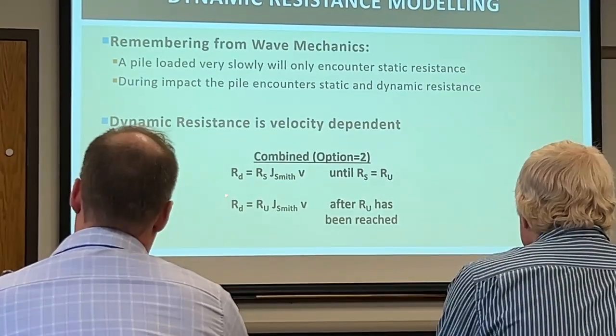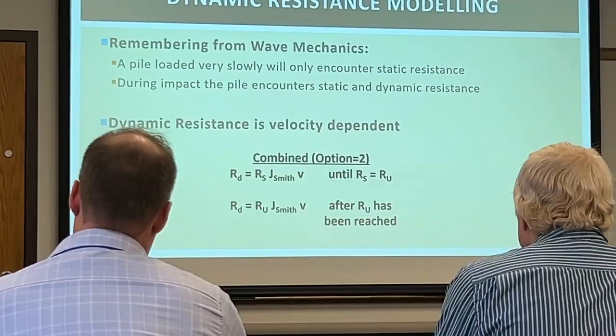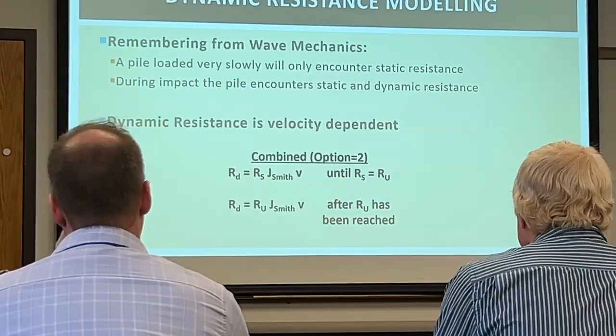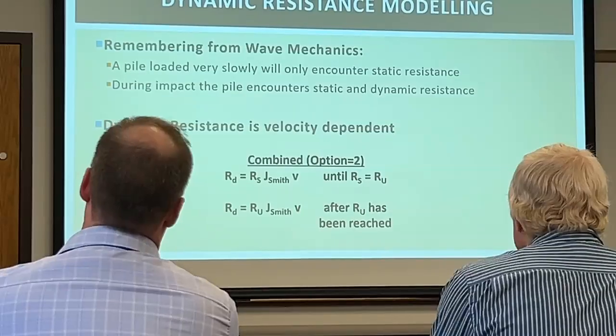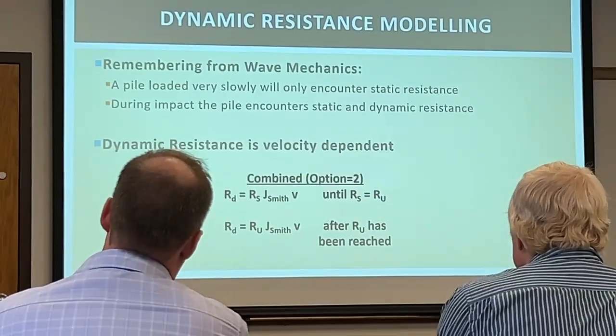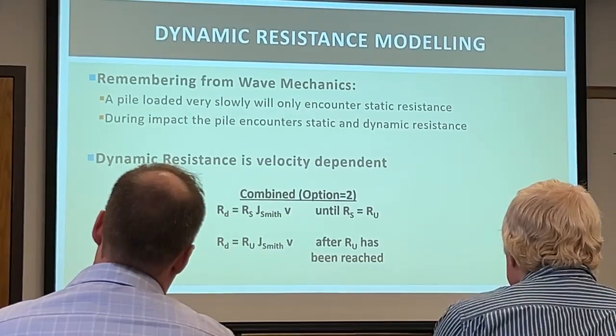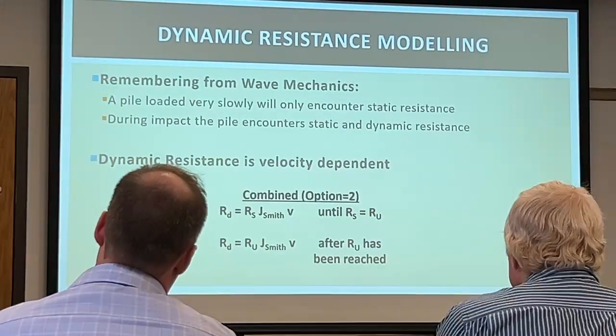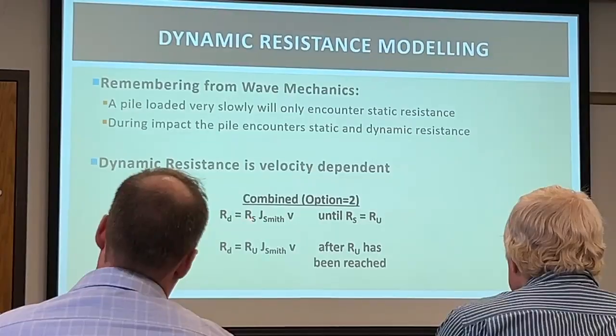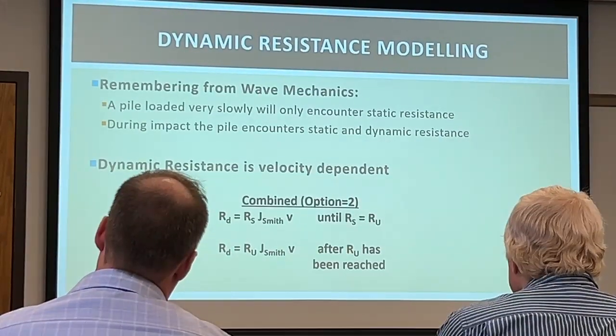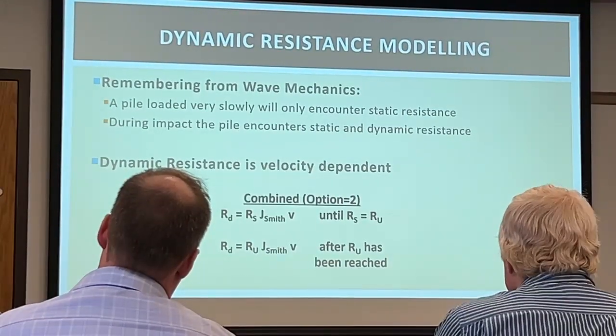And unlike the Case method that we used this morning at the very end of the wave mechanics talk, we have a bit more time to run the analysis. So we used the same model that was used when the wave equation was developed.